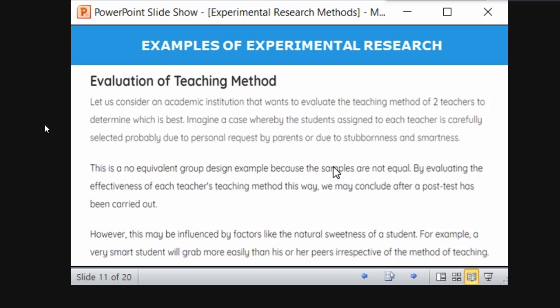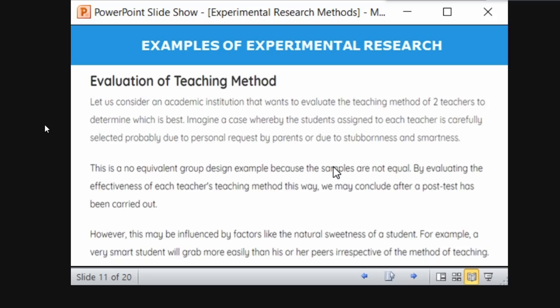The parents say, no, this teacher is good, so I want my child to study under this teacher, or based on the skill level of the students, or stubbornness or smartness. So there is no equivalent group. There is no probability, no randomness here. This is not an equivalent group design example because the samples are not equal, unless you chose them randomly.